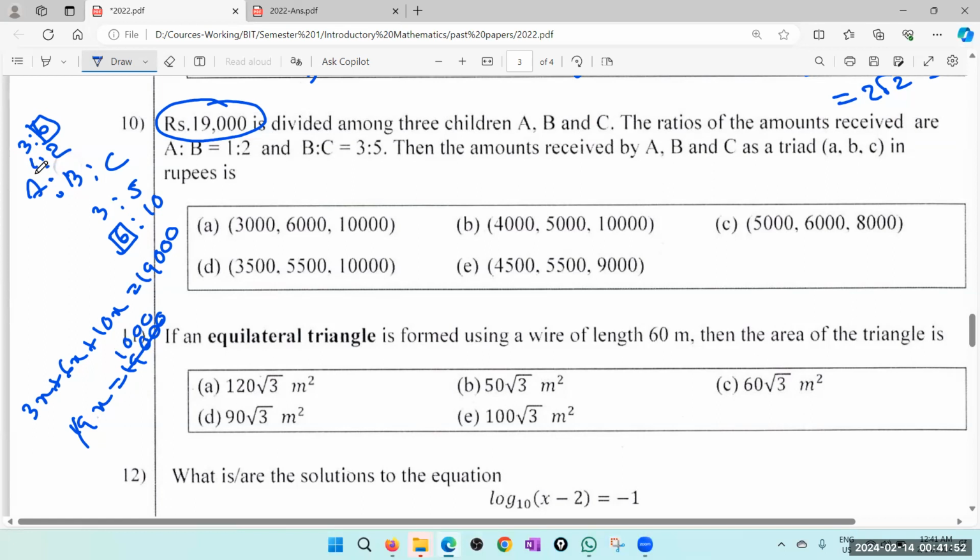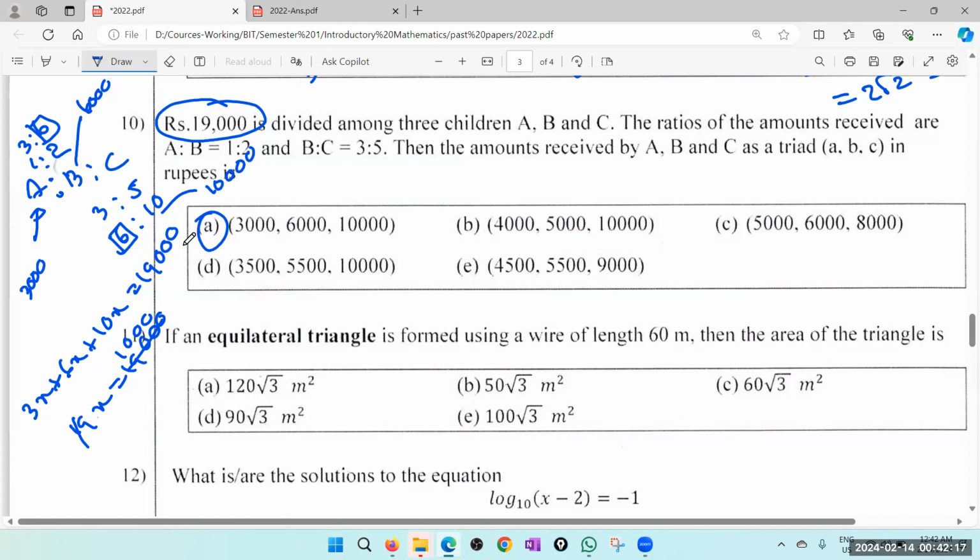But that is if x is 1,000, and we took it as 3x, so this must be 3,000. And this must be 6,000 because x is 1,000. And this must be 10,000. So therefore the triad is 3,000, 6,000, 10,000.